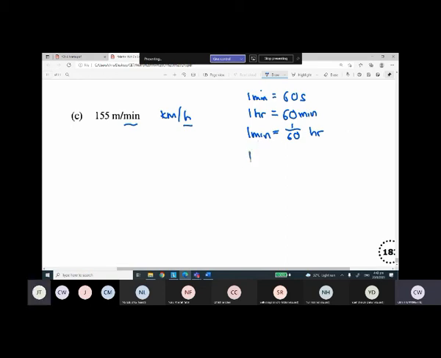The other one is 1 km. 1 km is 1,000 meter. Same thing. I'm going to put it down. And 1 meter the other way around, 1 over 1,000 km. Now you can do it already. So 155 meter is 155 over 1,000, right? 155 over 1,000.